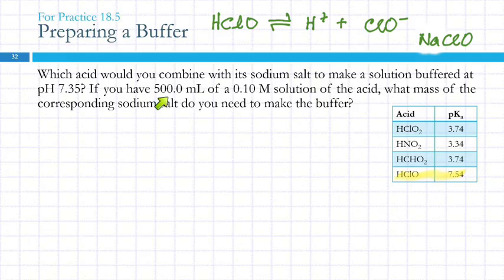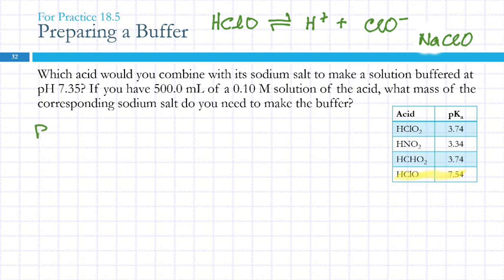So if we have 500 milliliters of a 0.1 molar solution of the acid, what mass of the corresponding sodium salt do you need to make the buffer? Well, what are we doing here? We want the pH to be 7.35, right?